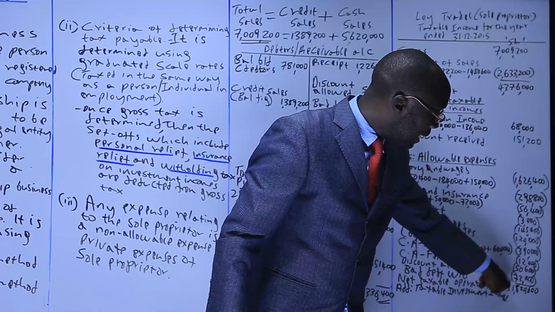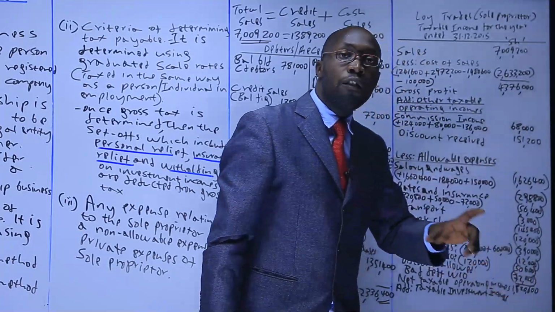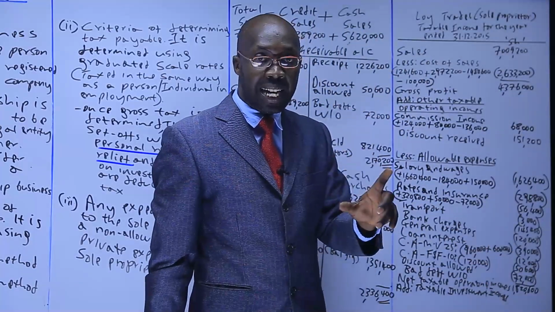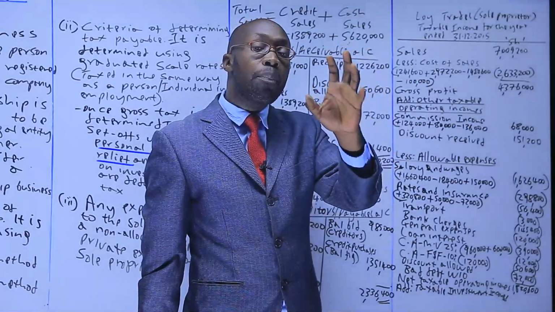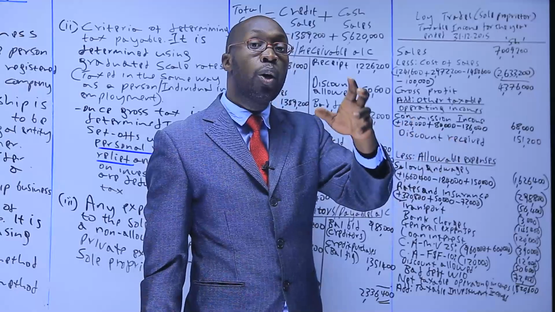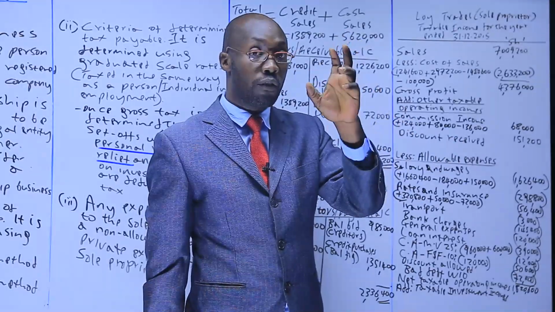If operating income is positive like this one, you add it. If the operating income is negative, you carry it forward to next year to be deducted against the profit of next year. Remember, we said we carry forward a loss up to a maximum of 10 years.